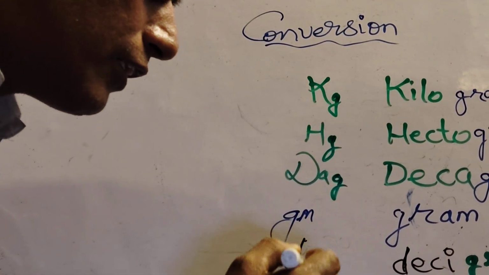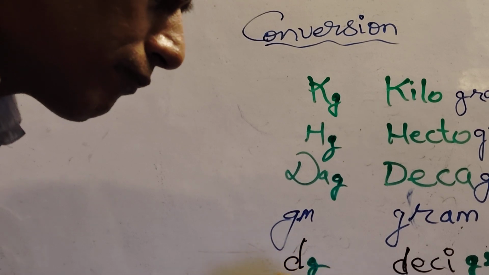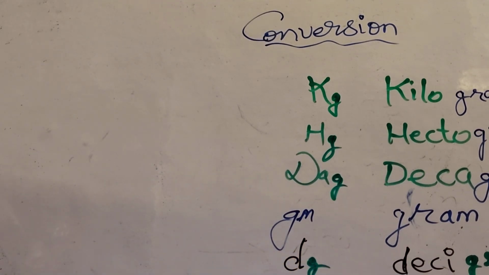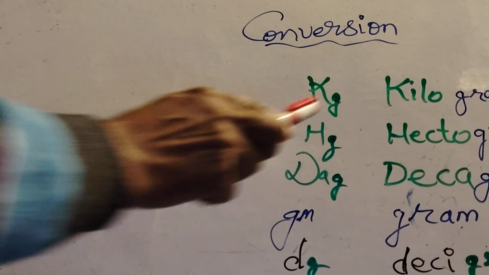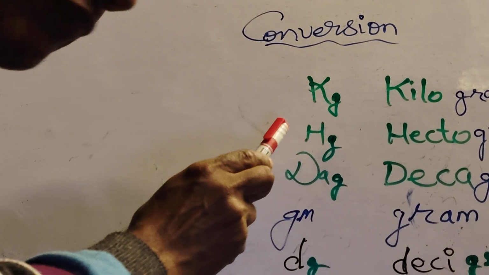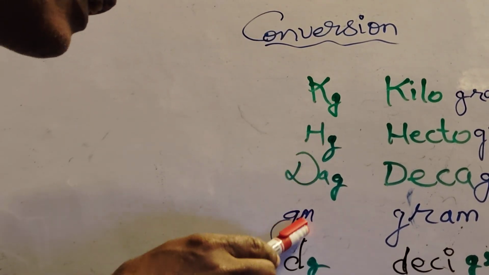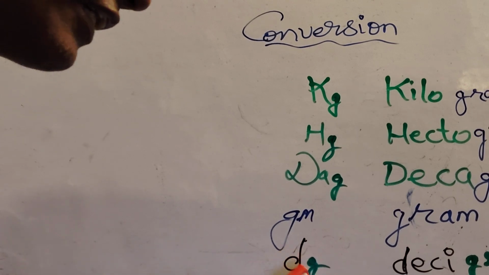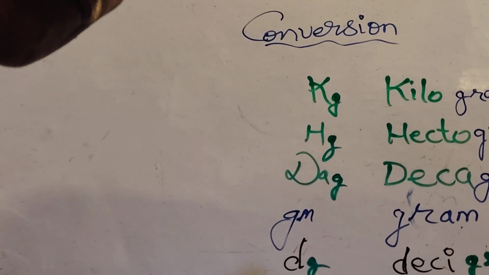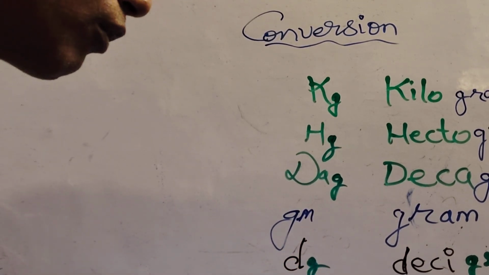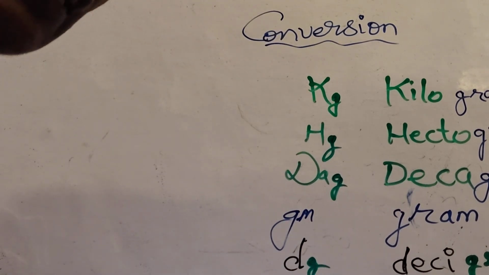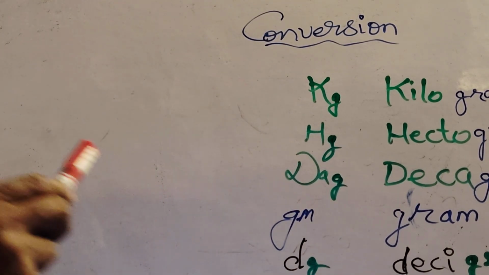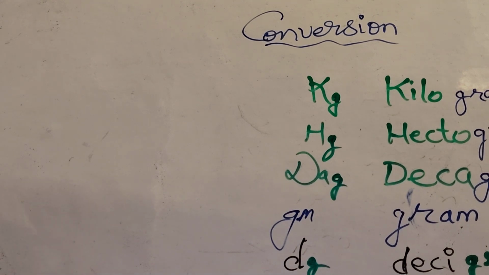So the prefixes are kilo, then hecto, then deca, then gram, then decigram, then centigram, then milligram. This is only a small part we have written, and we are discussing this first.